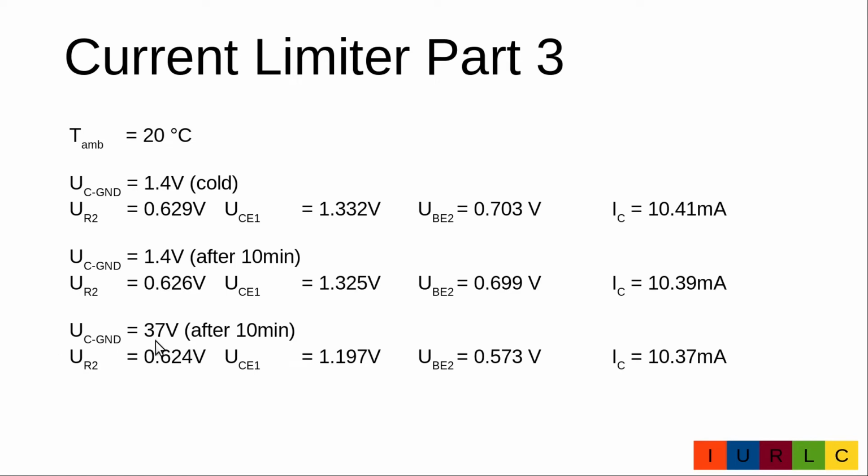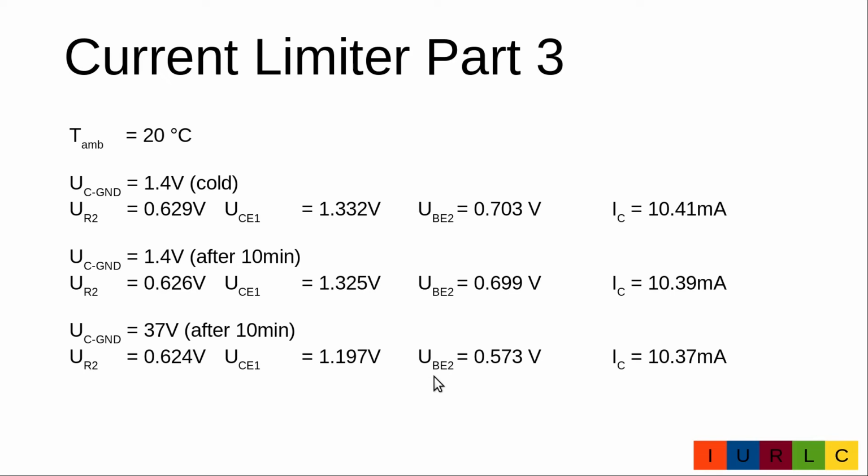When the circuit was thermally stabilized with 37 volt collector voltage, we get a current sense resistor voltage of 624 millivolt. A collector emitter voltage of transistor 1 of 1197 millivolt.